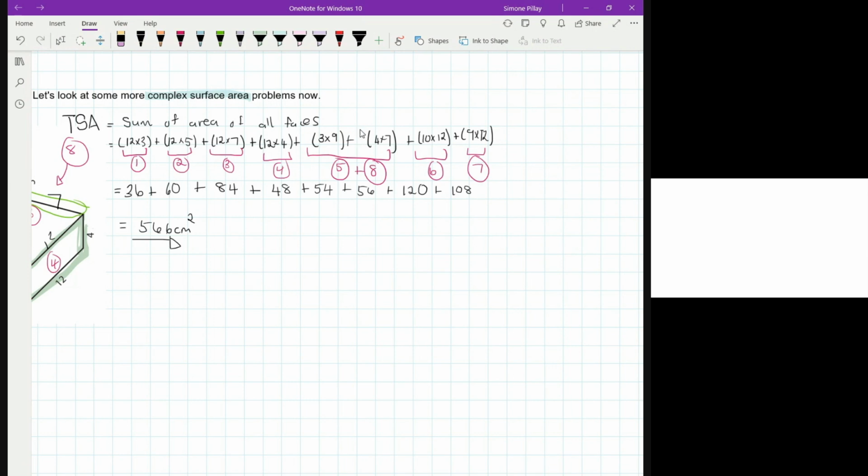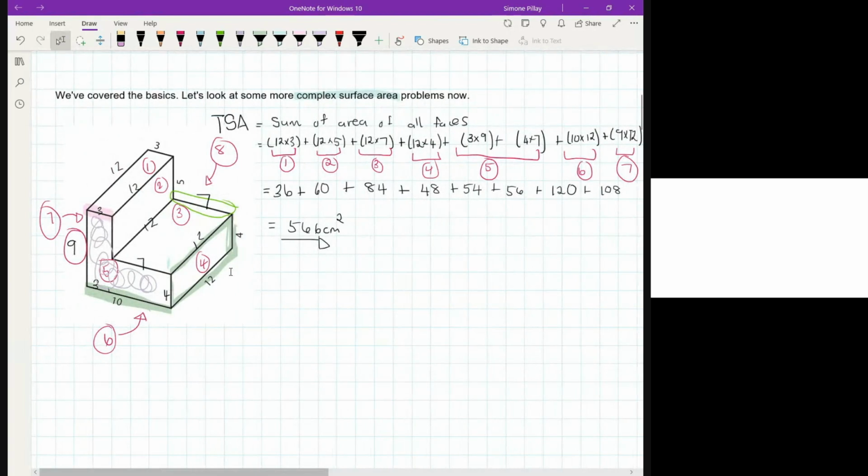Remember this was what it was like when it was just 5. So I could have gone for face number 8. I could have said 3 times 9 again, plus 4 times 7 again. Because if you look at face 8, what would have been at the back would have been a rectangle, and that rectangle would have been 4 times 7.